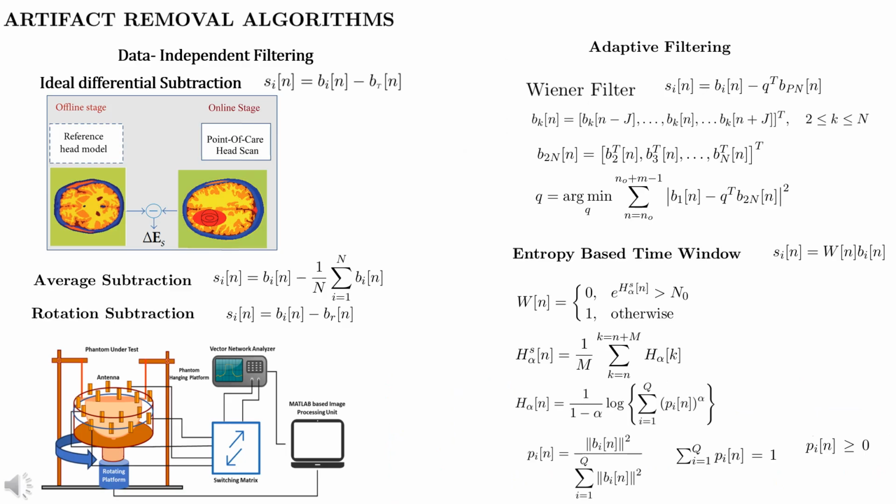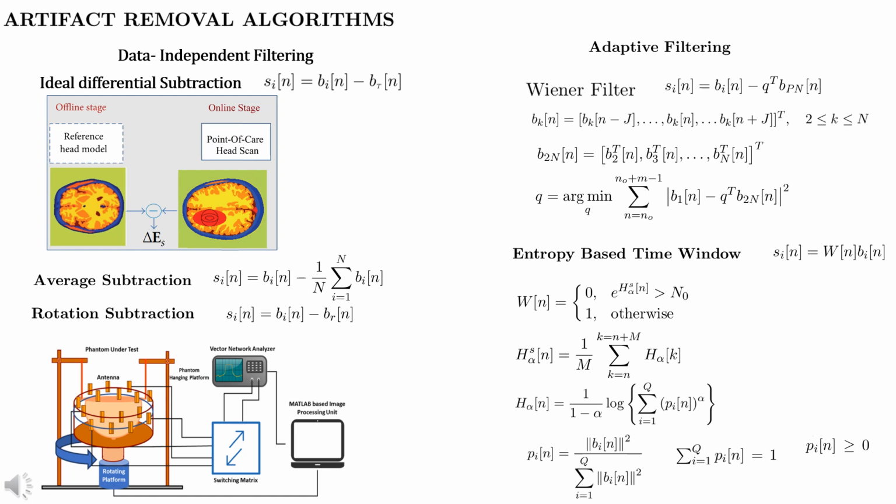This slide presents a detailed overview of advanced artifact removal algorithms used in microwave imaging techniques, specifically focusing on calibration-based artifact suppression to enhance brain imaging accuracy. These methods are critical in non-invasive diagnostics, as they help ensure that reflections and artifacts, such as skin clutter or environmental noise, do not interfere with the imaging of deeper brain tissues.